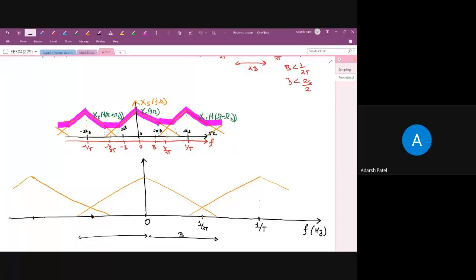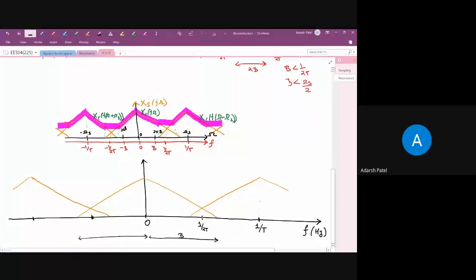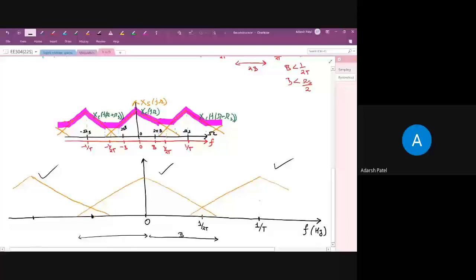Having said that, if B is more than 1 upon 2T, what should be the resultant signal if I sum these three parts, that means this, this, and this? What will I get?